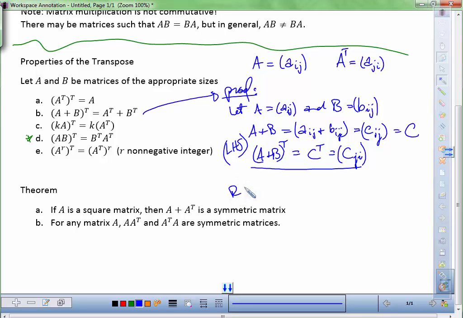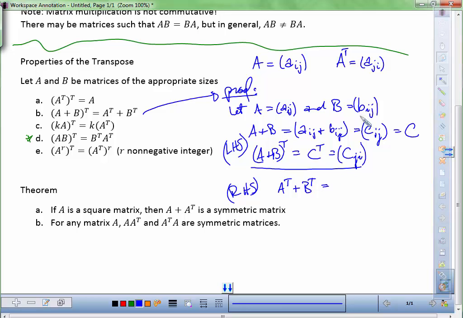And so if we take the right-hand side of the equation, we should somehow get it to equal the same thing. So we have A transpose plus B transpose is what we're adding up, and somewhere along the line we should get one of these things so that they would be equal.